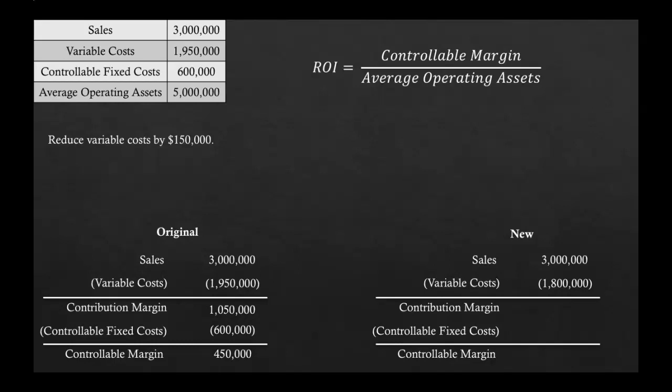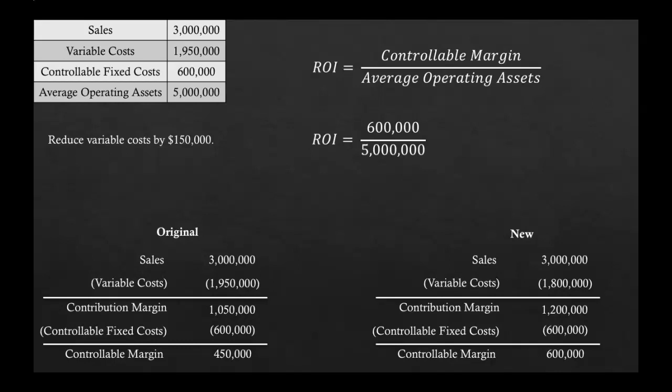So our contribution margin is the difference between those two numbers, which is 1,200,000. Our controllable fixed costs are still 600,000, giving us a controllable margin of 600,000. So now we plug in the numbers that we know into our ROI formula.